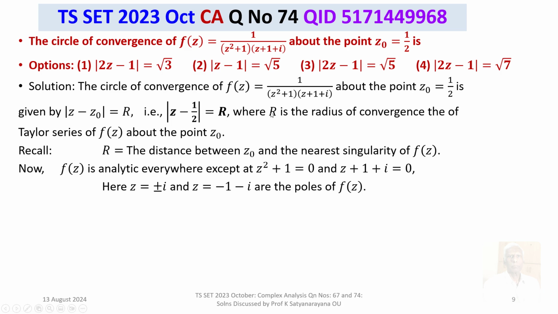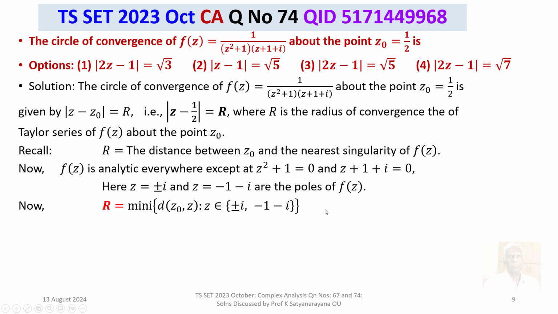Now measure the distance from z naught, that is 1 by 2, to i, 1 by 2 to minus i, and 1 by 2 to minus 1 minus i. Now R is the minimum of the distance of z naught to z belonging to the set of the poles plus i, minus i, minus 1 minus i.